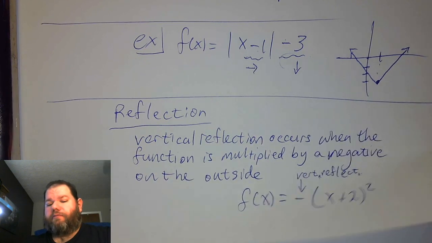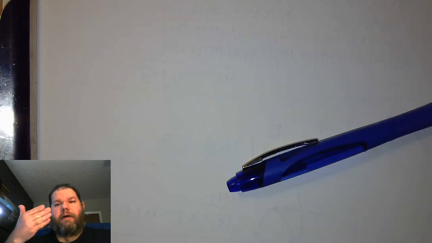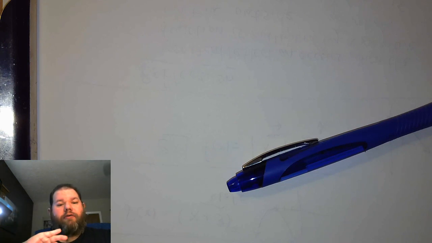The overall effect is that it takes the top half of the graph, which normally is above the x-axis, and flips it so that we're now facing the opposite way, going down below the x-axis instead.